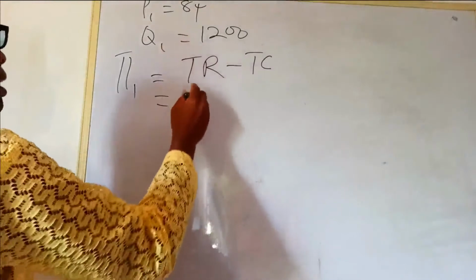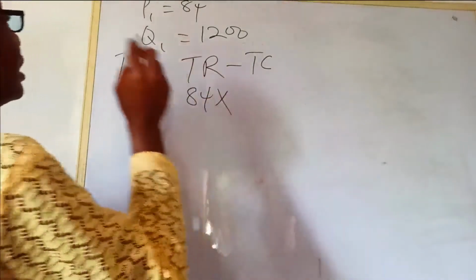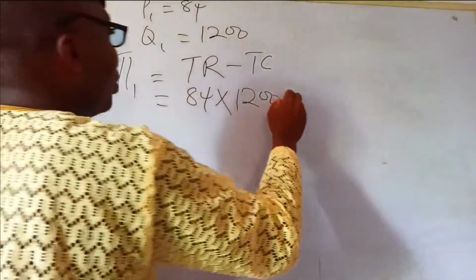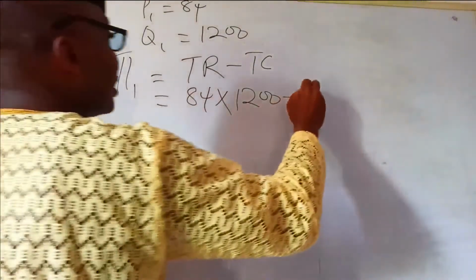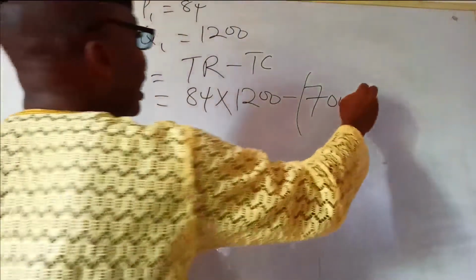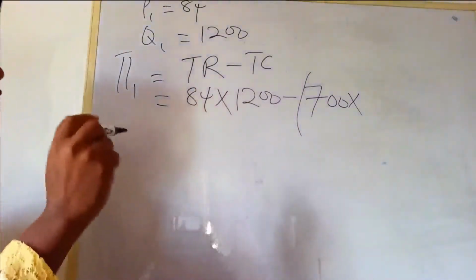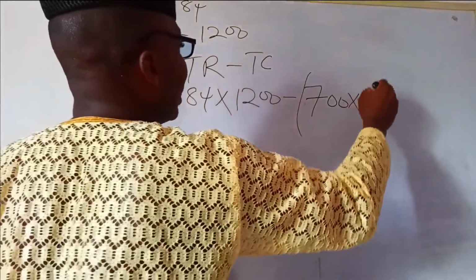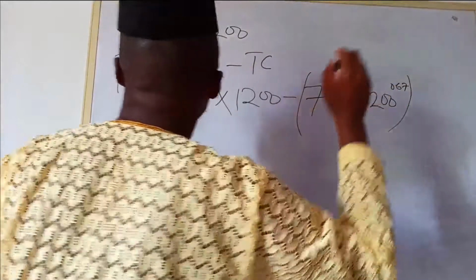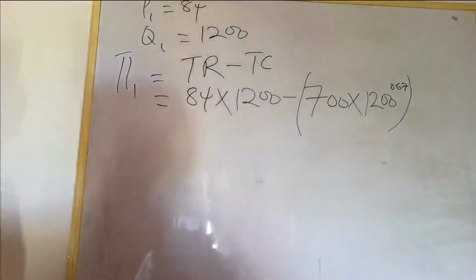quantity. The price is 84 times the quantity 1,200 units minus total cost, which from the cost function is 700 times the Q, which is 1,200 raised to power 0.67. Hope we get that.